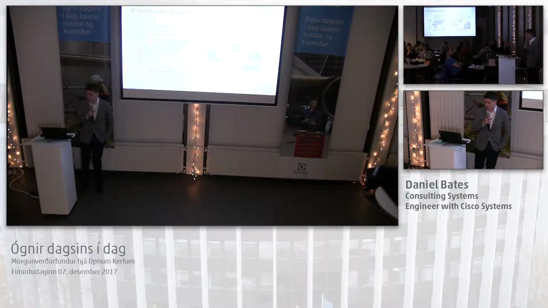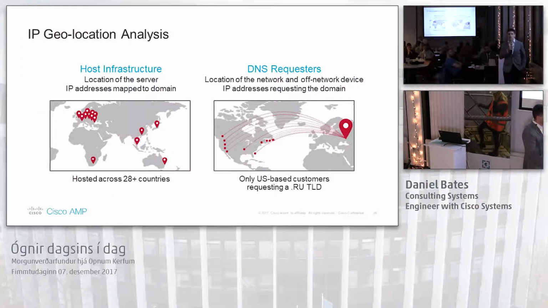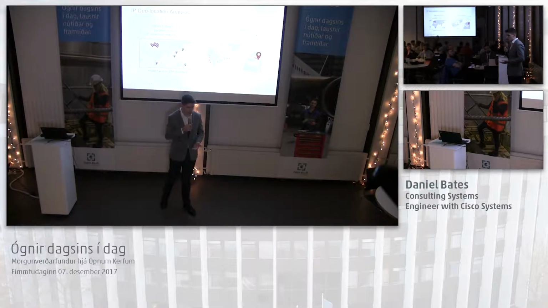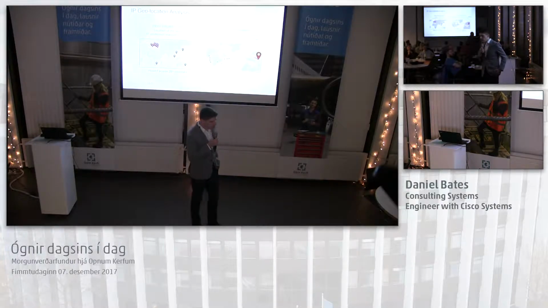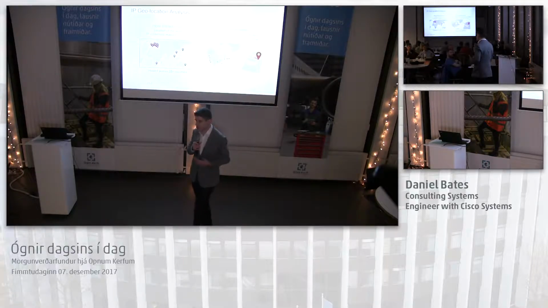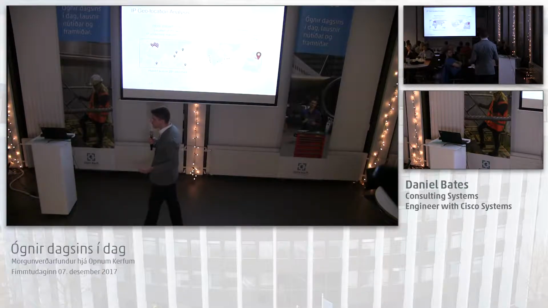Another technique or another model for analysis is geolocation analysis. So we can look at where the server is in relation to its clients. So if content is being hosted across 20 or 30 different locations, that's not very normal. That's more typical of a botnet, which tends to host its own attacking infrastructure from the botnet hosts themselves.